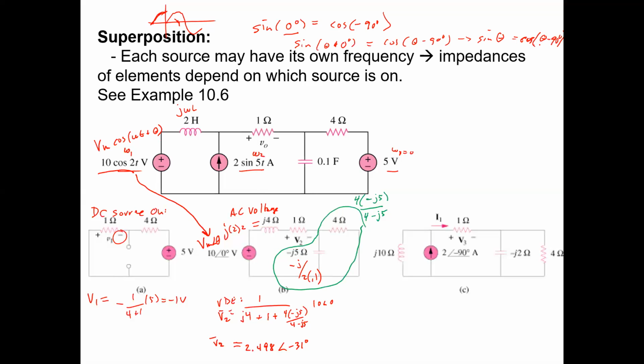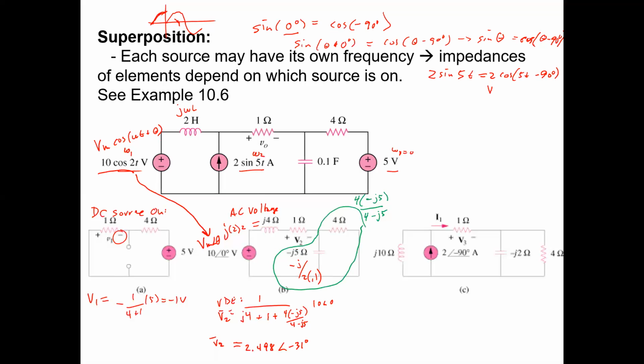So in this case, we have 2 sine of 5t, and that's going to turn into 2 angle minus 90. Right, so 2 sine of 5t is going to equal 2 cosine of 5t minus 90 degrees.